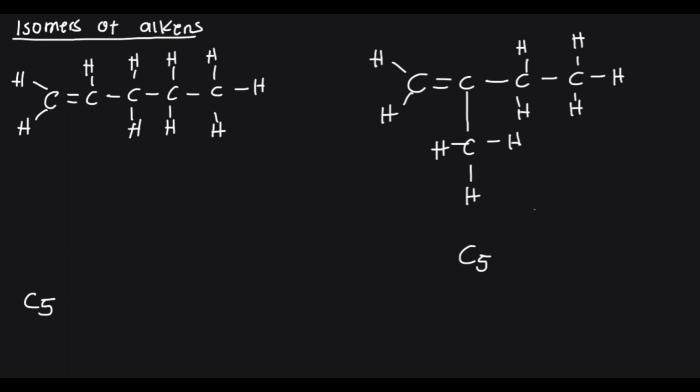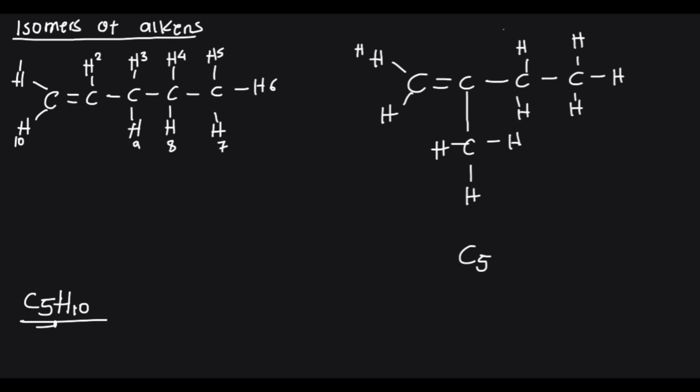So we also have 5 carbon atoms. Since we have checked the carbon atoms, now let's look at the hydrogen atoms. The hydrogen atoms will be 1, 2, 3, 4, 5, 6, 7, 8, 9, 10. So we have 5 carbons, 10 atoms of hydrogen. Now let's check here.